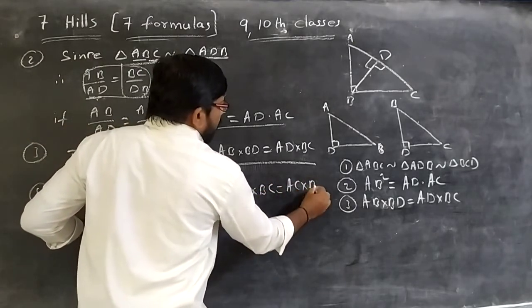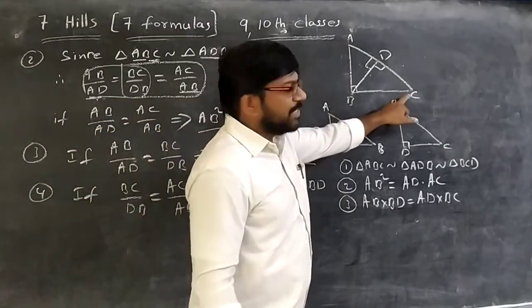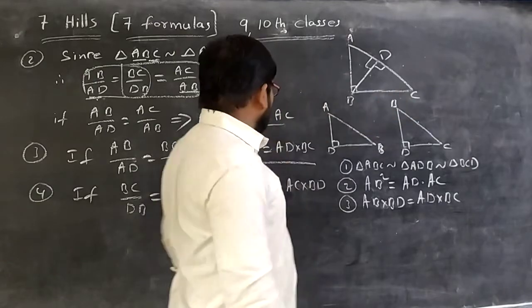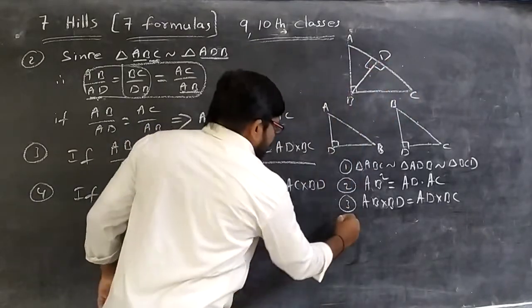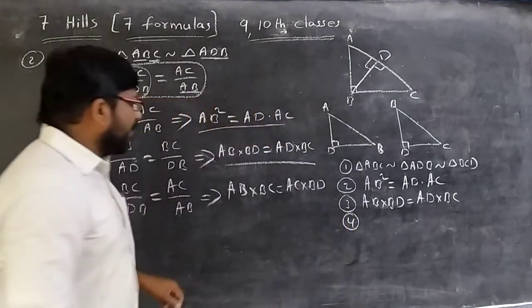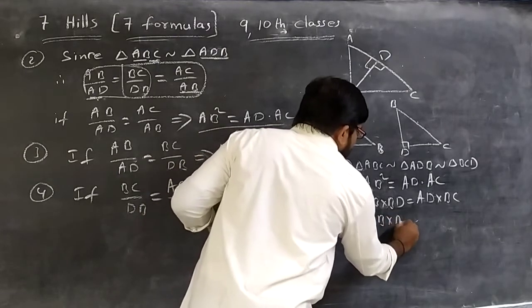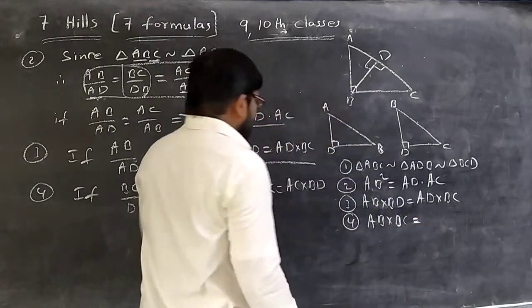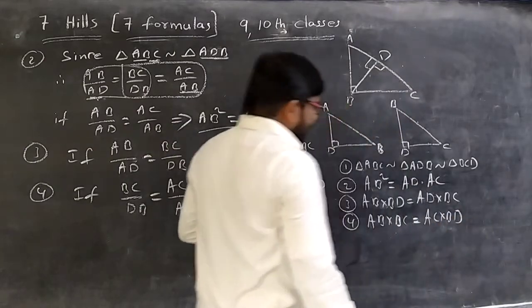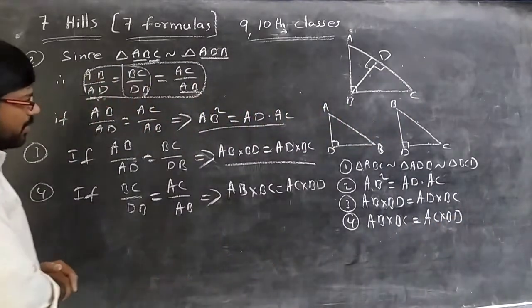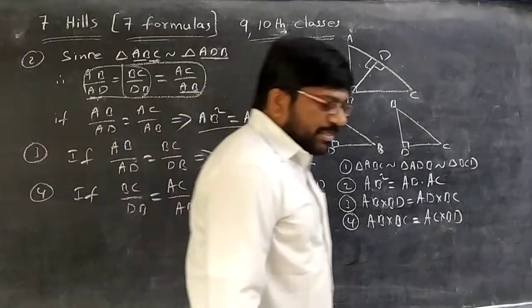The product of the perpendicular sides is equal to AC into BD. That is the fourth formula. So in this we get a total of 4. Now 5, 6, 7.